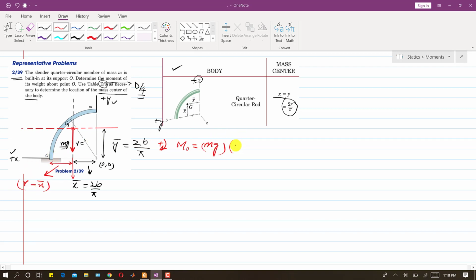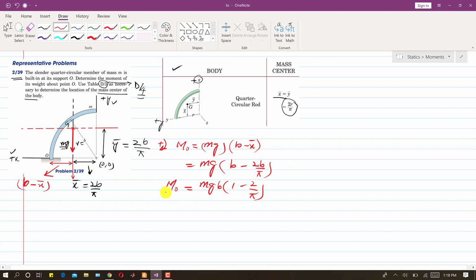What is r? Here r is b, so I will write b minus x', so mg times that. And x' is, by using this table, minus 2b divided by pi. Now if we take b as common, the moment about point O will be mgb times (1 minus 2 divided by pi).